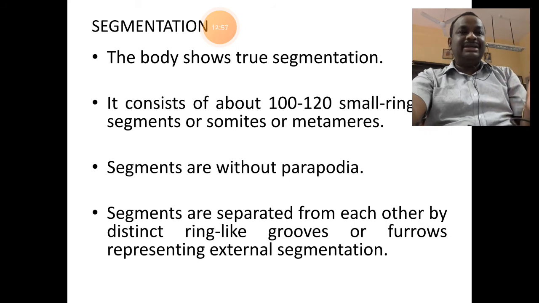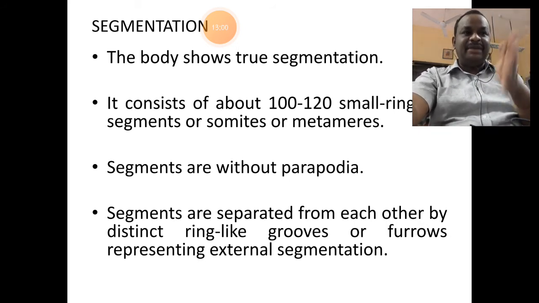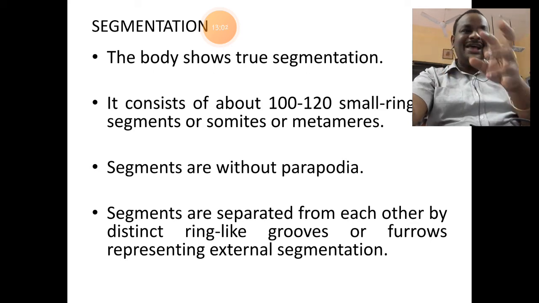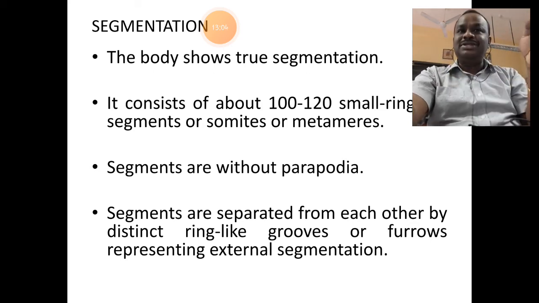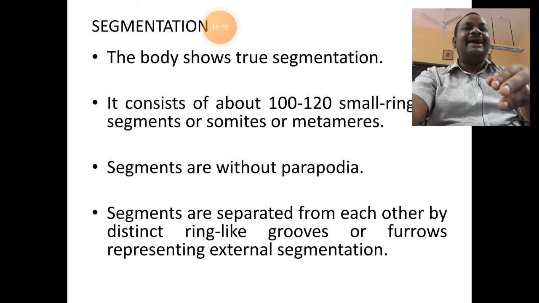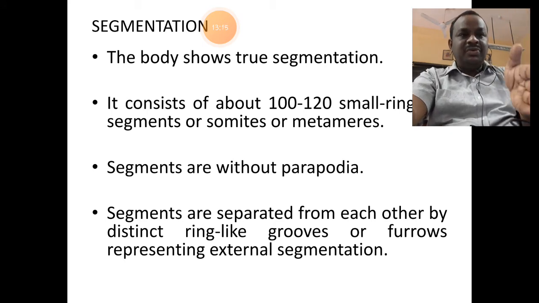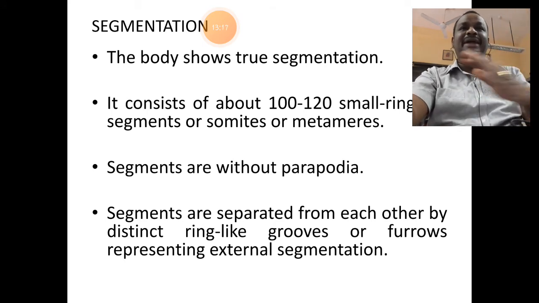When we look at the body of the earthworm, it has a number of segments. Each segment has, on the outer side, a furrow-like or groove-like depression, and inside these grooves they continue to form the septum or partitions.